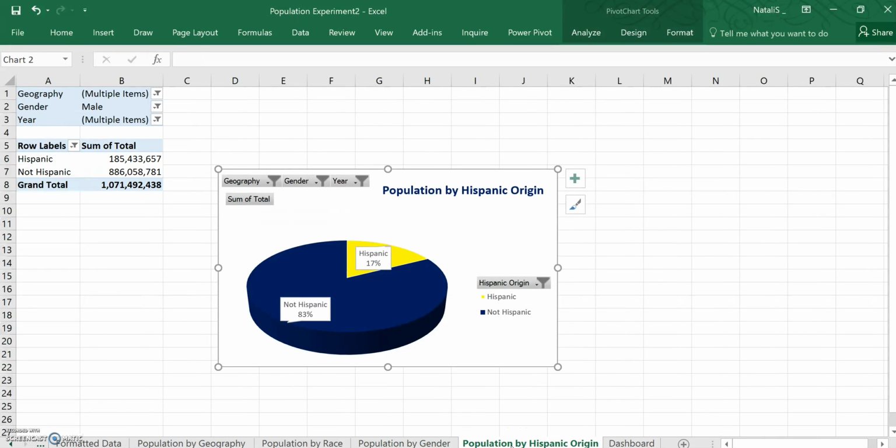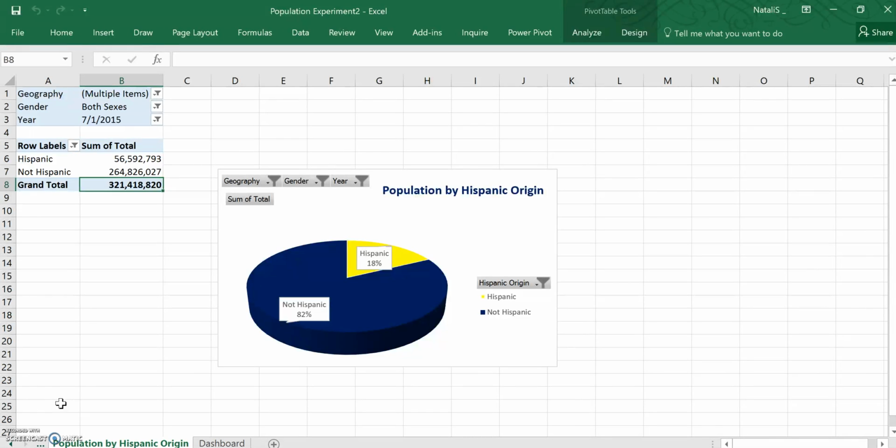After that, I made a pivot table, population by Hispanic origin. And right now we see that 83% of people in the United States do not associate themselves with Hispanic origin, and 17% claim they have Hispanic origin.